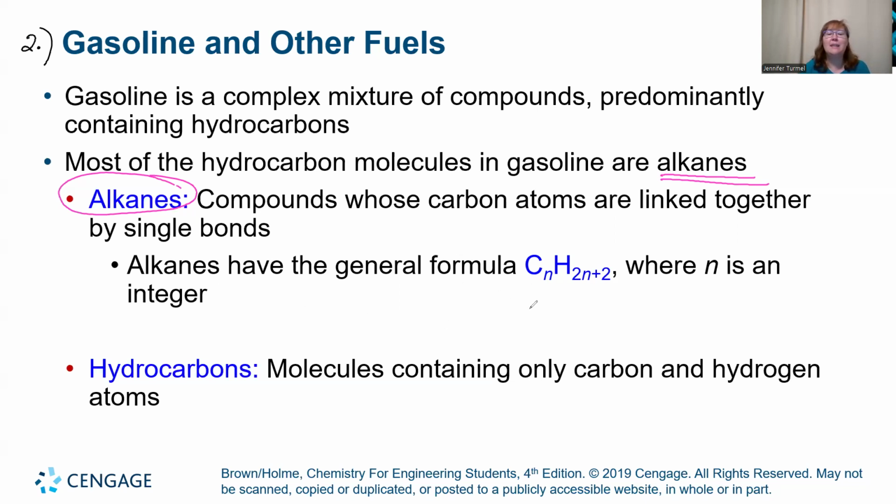So if you have C3, then you would have 2 times 3, which is 6, plus 2 is 8, so H8. Hydrocarbons specifically are molecules that contain only carbon and hydrogen atoms. They don't have anything else, no oxygen, no nitrogen, just carbon and hydrogen.